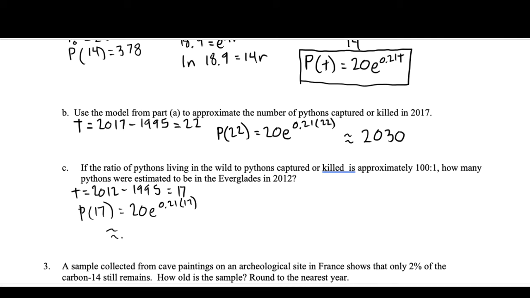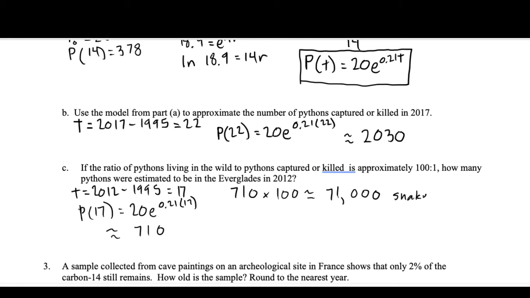And that works out to be approximately 710 snakes captured or killed. But the estimate is that the actual number of snakes would be 100 times more than this. So 710 times 100, the estimated total number of snakes in the Everglades in 2012 was 71,000 snakes.